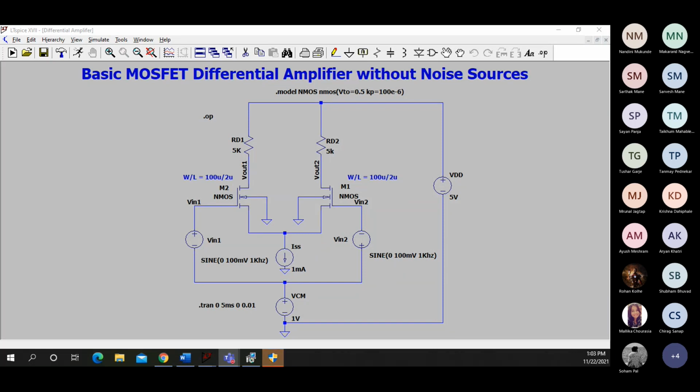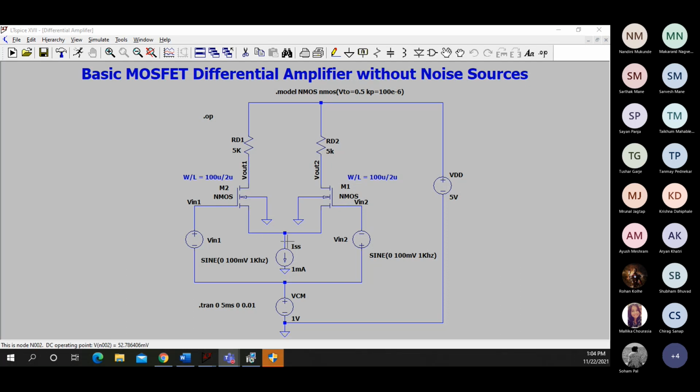First, you can see a MOSFET differential amplifier without a noise source. That means we are seeing the differential amplifier, the gain and everything, in the absence of noise, and that is how we measure the performance of the device.